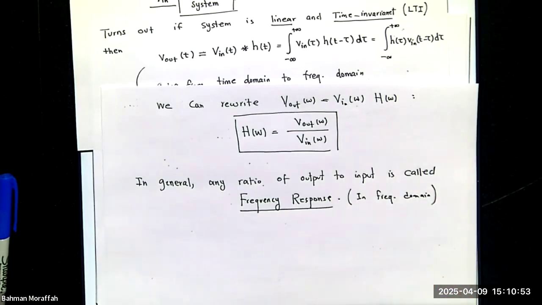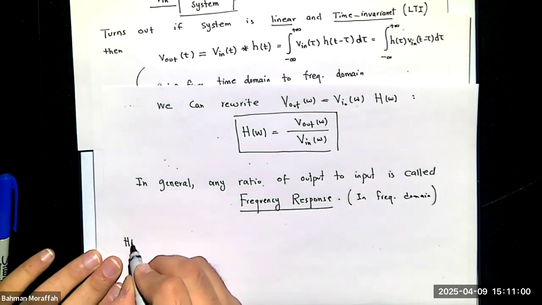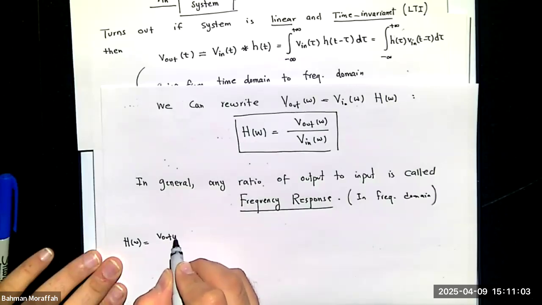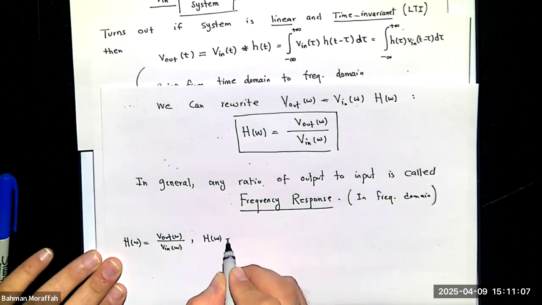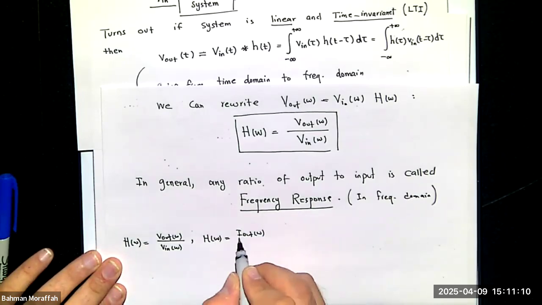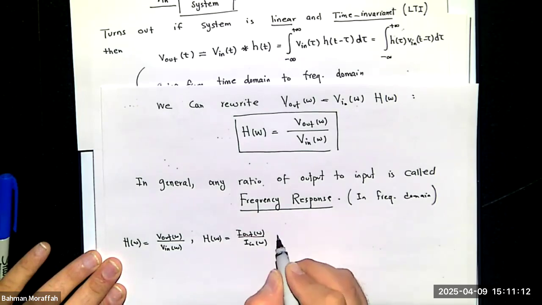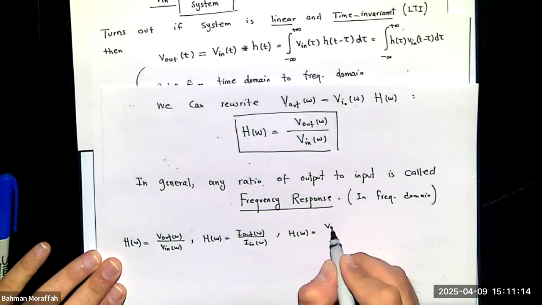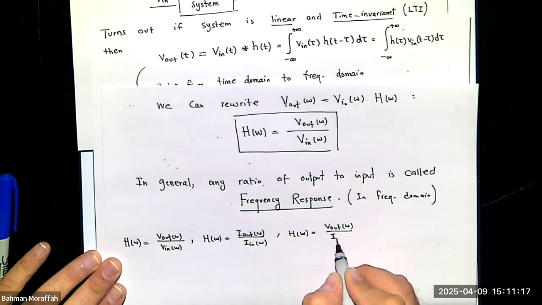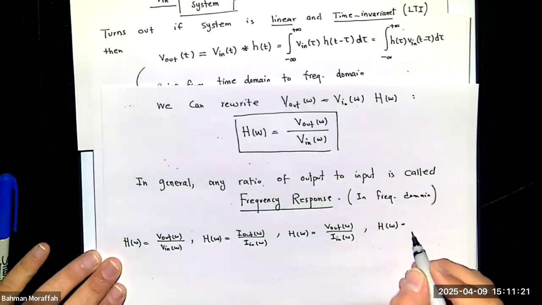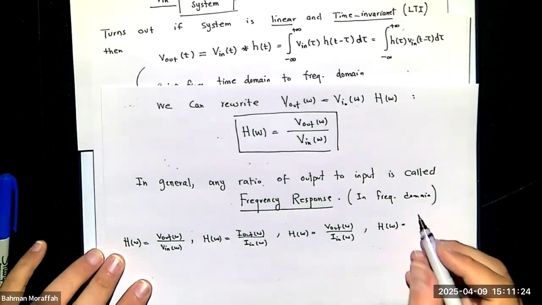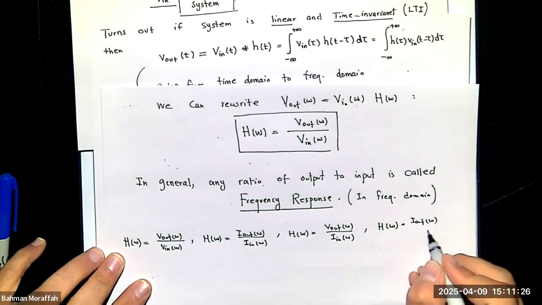Right? In general, we have four different ways of looking at it. So this h of omega can either be V out over V in of omega, or it can be I out of omega divided by I in of omega, or it can be V out of omega divided by I in of omega, or that can be I out of omega divided by V in.